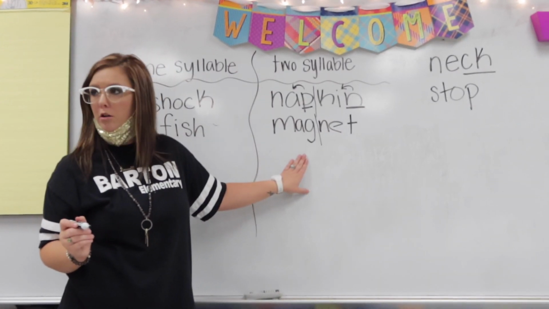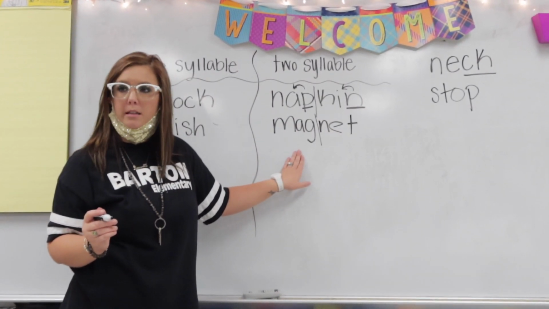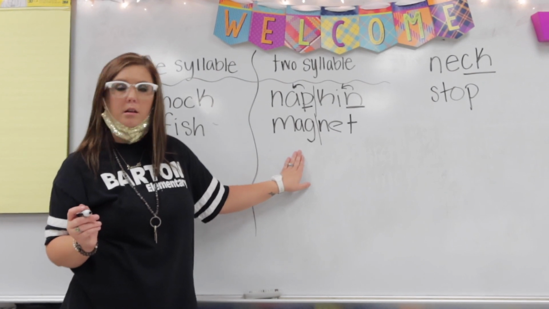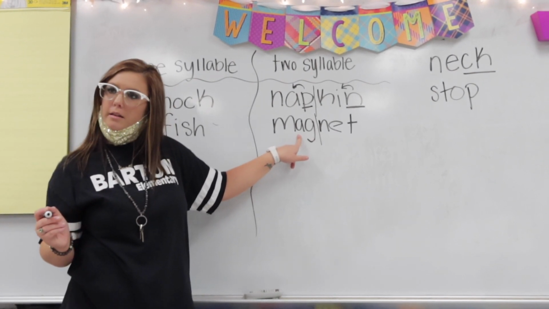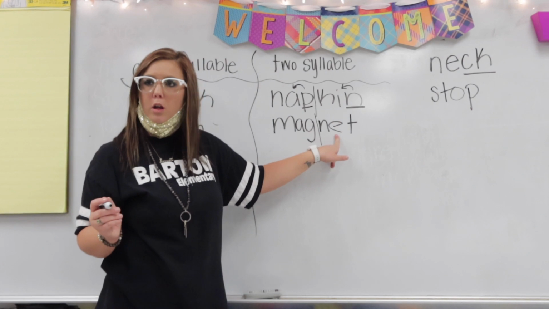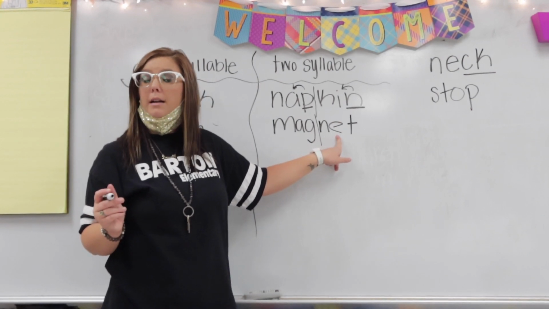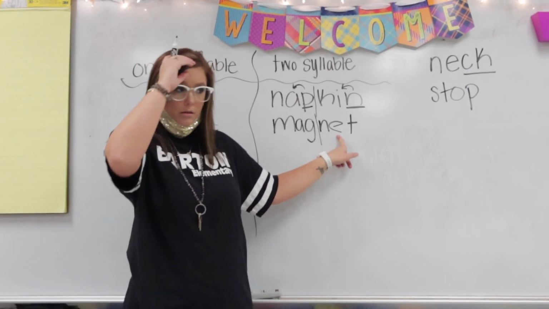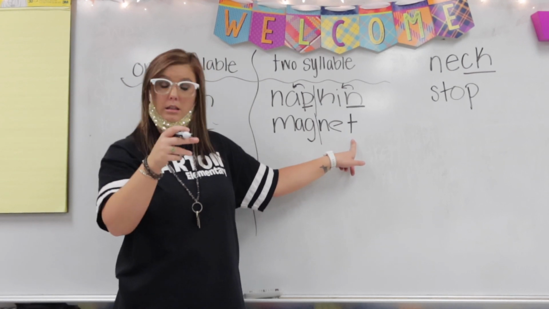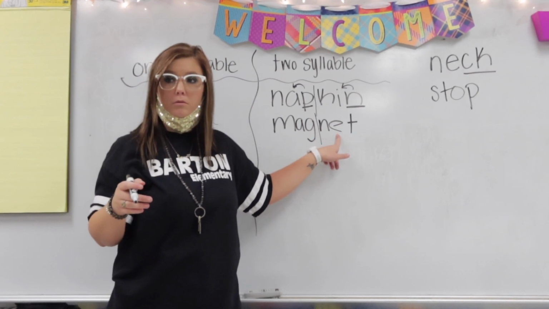Mag is what? Open or closed? Closed, because it ends in a what? Consonant. Which makes the vowel say what? Ah. Net. Open or closed? Closed. Because it ends in a what? Vowel. That's a vowel? Consonant. Consonant. Which makes the vowel have what sound?